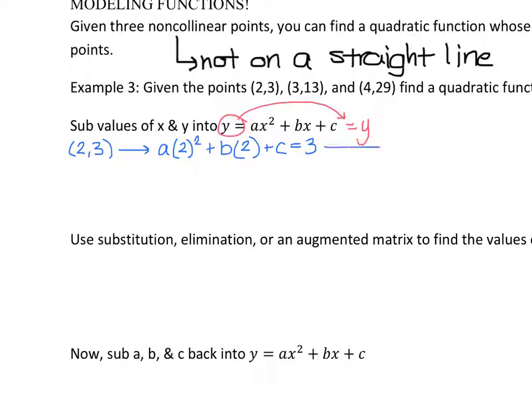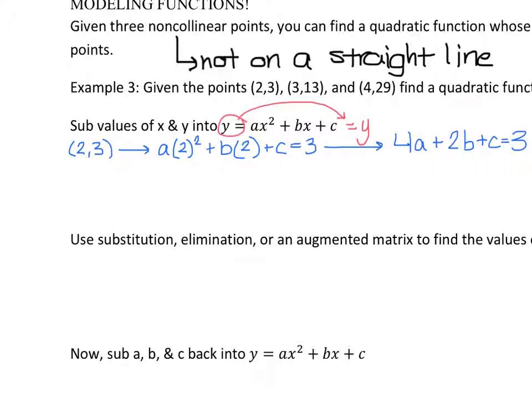All right, let's go ahead and simplify that. What is 2 squared? 4, so we get 4a plus what b? 2b plus c equals 3. All right, we're doing good.